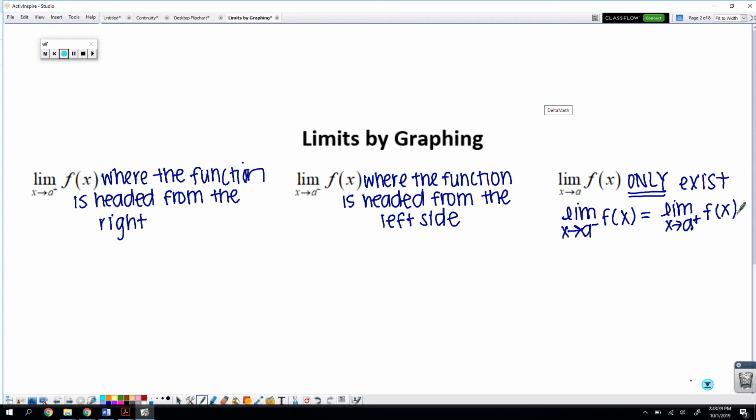Basically, it just has to come from the same part. So if I'm standing on the left side and standing on the right side, my two hands should meet at the same spot. So it only exists when it's approaching the same location.